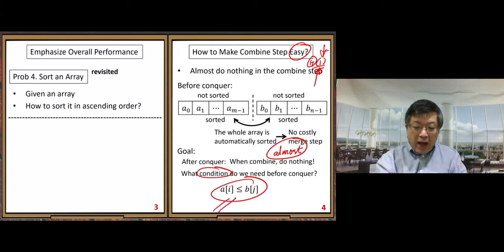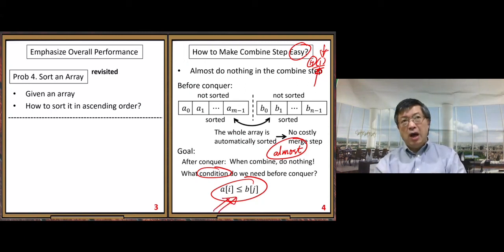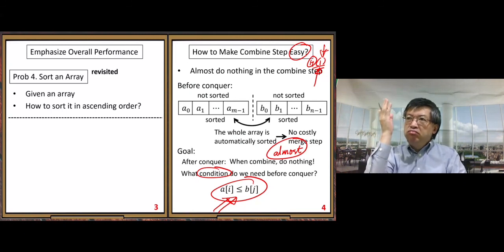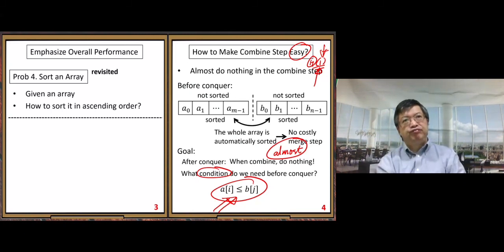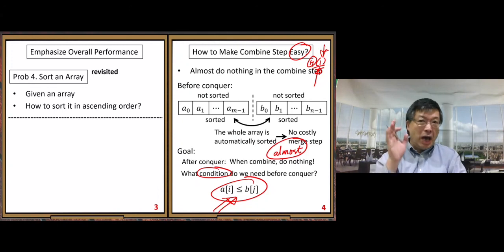Next question: how can you make this condition true? That's not easy. This condition is in our wish list, we do not have it yet. We need to do a lot of effort.